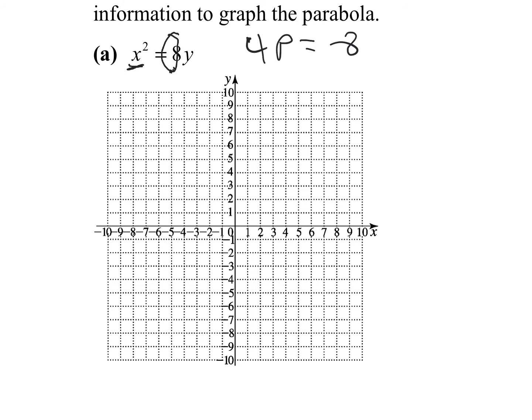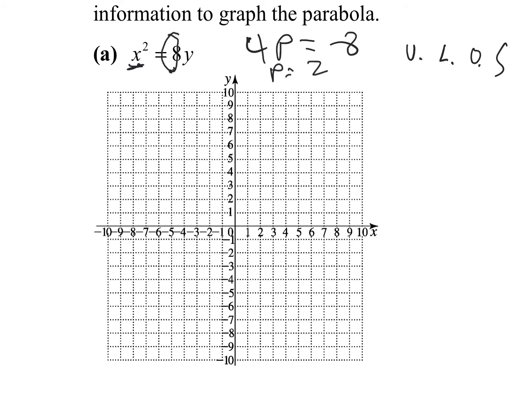That number is 4p. So p is going to be a 2. That means it opens up. And since I'm solving for x squared, we know it's going to go up because the x's are being squared. So this has a vertical line of symmetry.